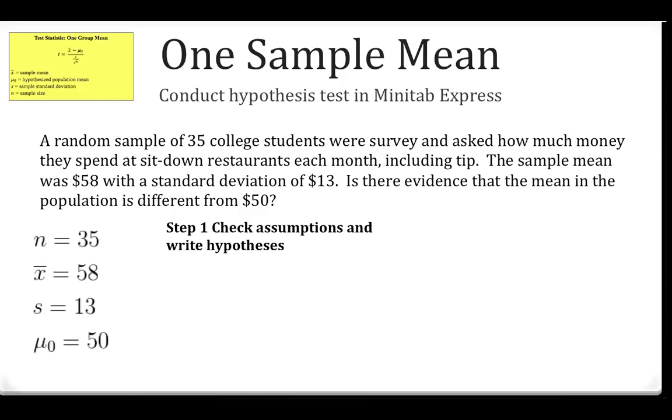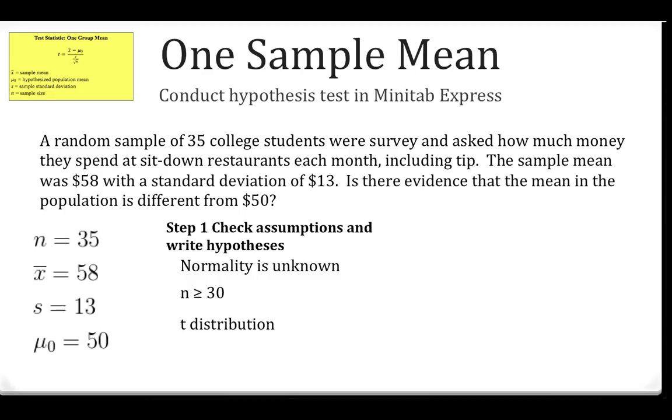First thing we need to do is check our assumptions and write our hypotheses. So to check assumptions, in order to use the t-distribution, either we need to know that the population is normally distributed, or we need to have a sample size of at least 30. We don't know if the population or even if the sample is normally distributed, but the sample size is greater than or equal to 30, so we're going to use a t-distribution.